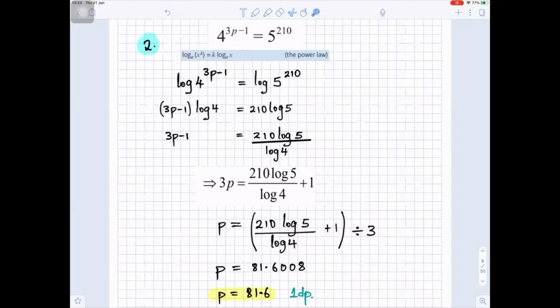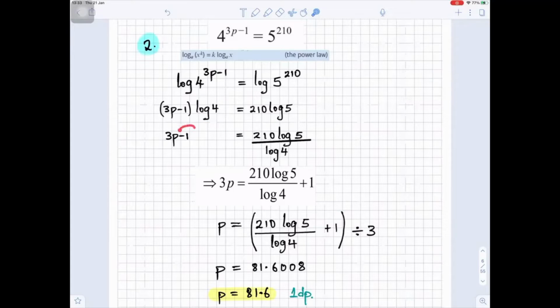So what we want to do first is put log in front. Log 4 to the power 3p minus 1 and log 5 to the 210. 3p minus 1 comes to the front and 210 comes to the front. Now it is times log 4, so we take the times log 4 to the right, it becomes divide by log 4.